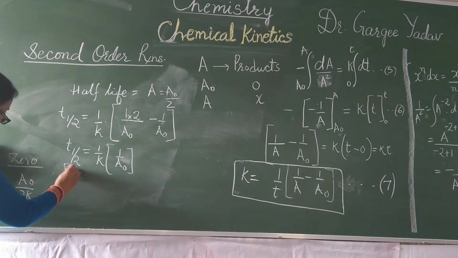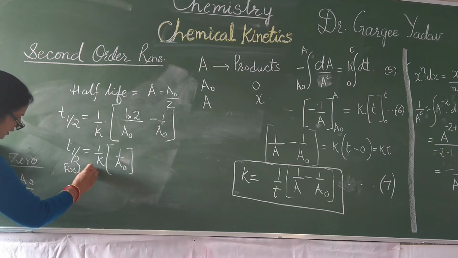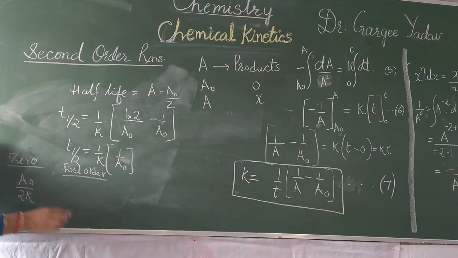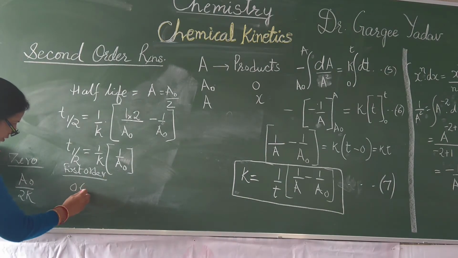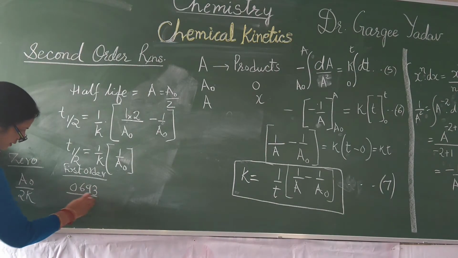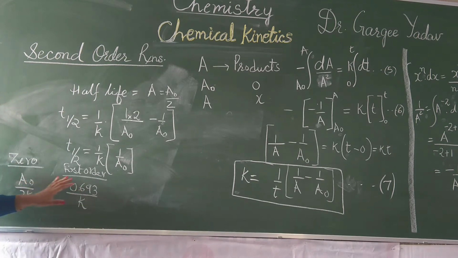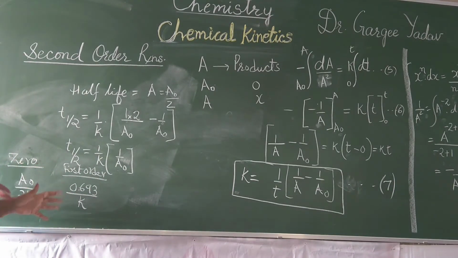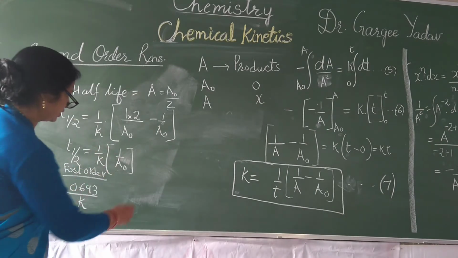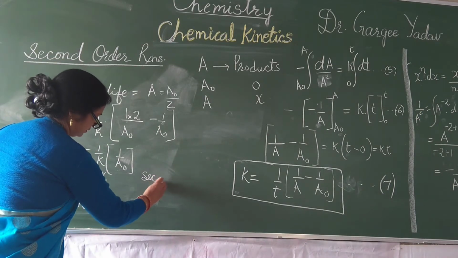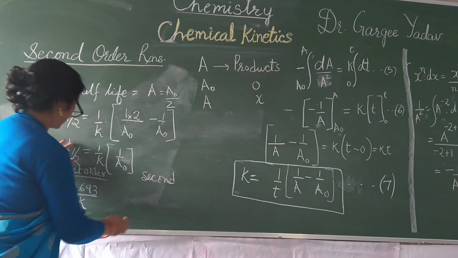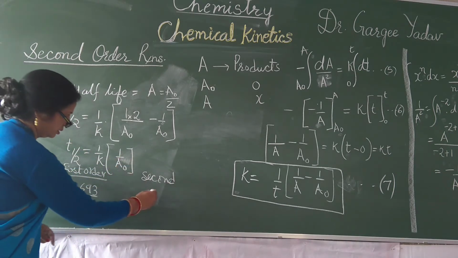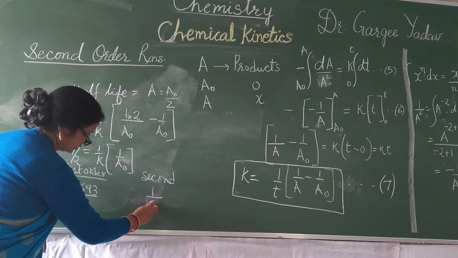And for a first order reaction, half-life did not depend on the initial concentration. It was 0.693 divided by K. The A naught term was not there. And what we find in the second order reaction is that T half is inversely proportional to the initial concentration.